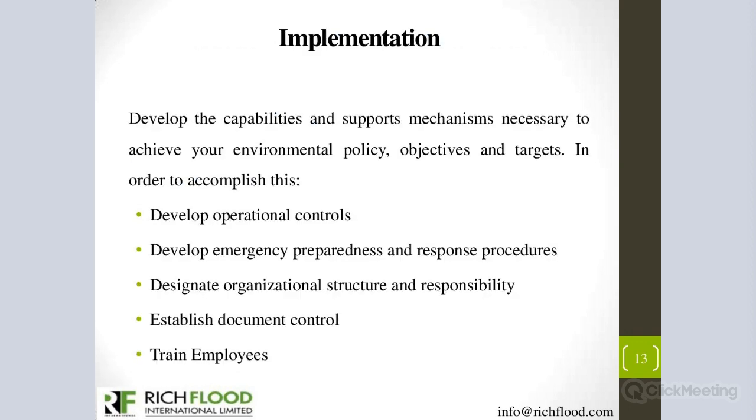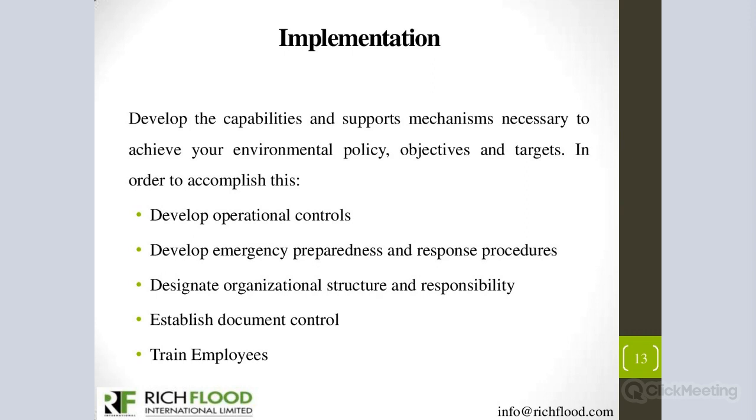Step 3 is implementation, and it's all about developing the capability and support mechanisms necessary to achieve your environmental policy, objectives, and targets. In order to accomplish this, the first is to develop an operational control to ensure that your environmental policy is followed and that your objectives are achieved.